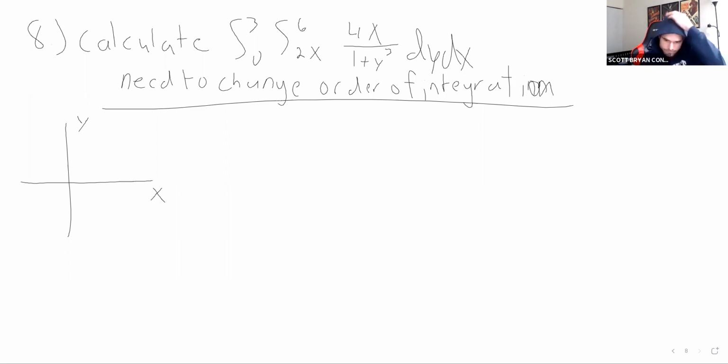Okay, so the bounds for y, so the bottom curve is y equals 2x. So that's, let's say that's y is equal to 2x here. And the top curve is y equals 6.